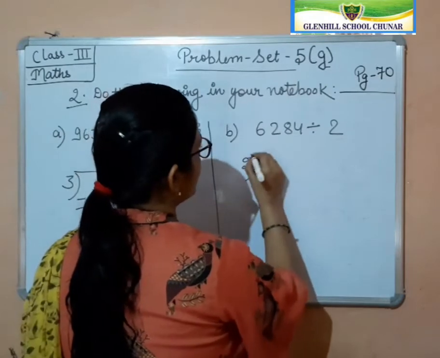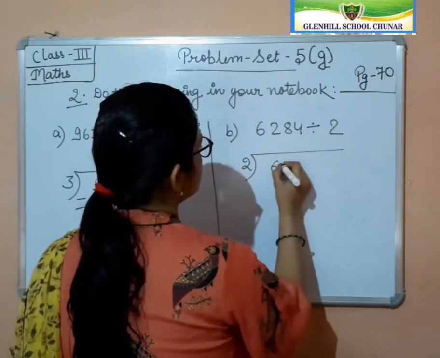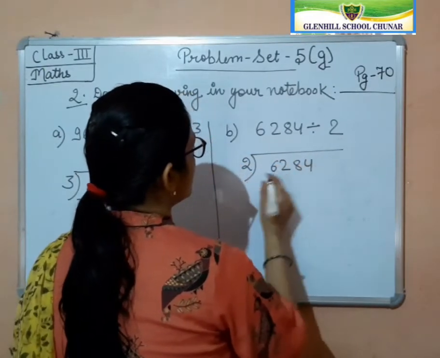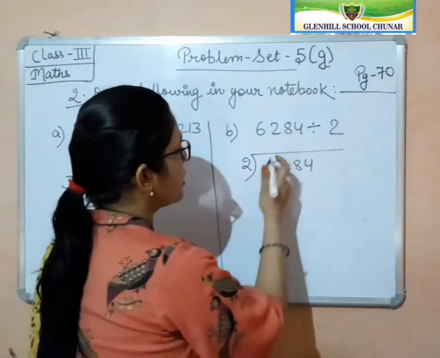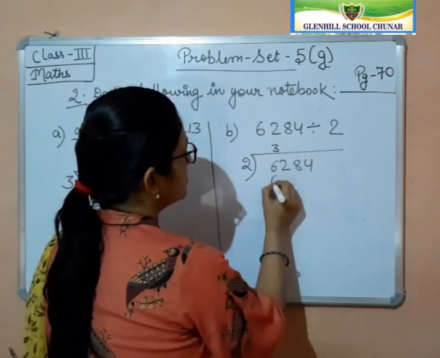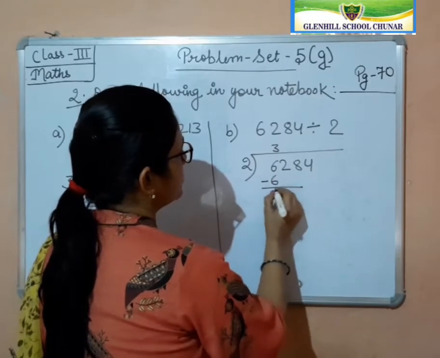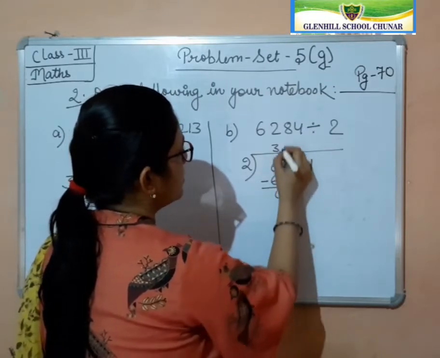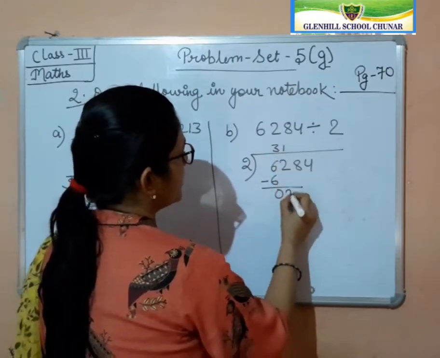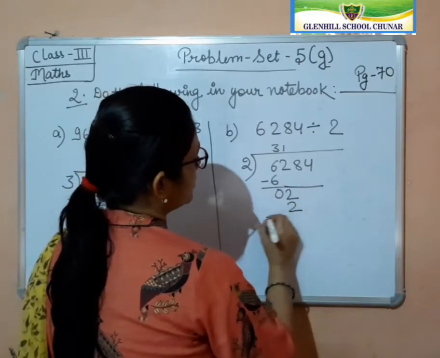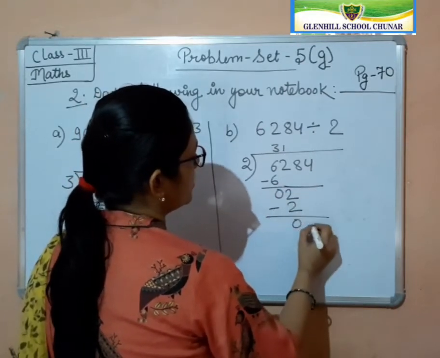So like this, do it. Again here I am doing 6284. In 2's table, 6 comes how many times? 3 times. 0. Now 2, 1 time. Then 0, 8.